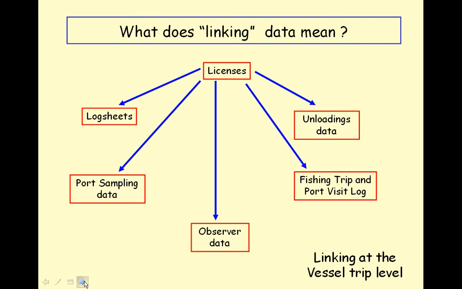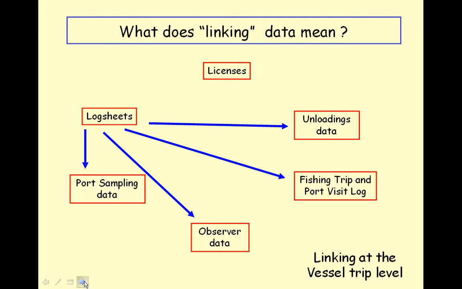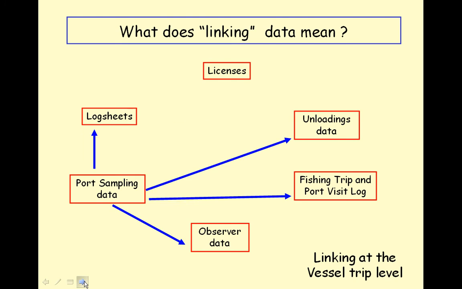In order to compare log sheet data for a particular trip with the other types of data collected, there needs to be a link made to each of the other types of data, which are also organized within TUFMAN at the vessel trip level. Likewise, the linking of port sampling data needs to be made to the other types of data.